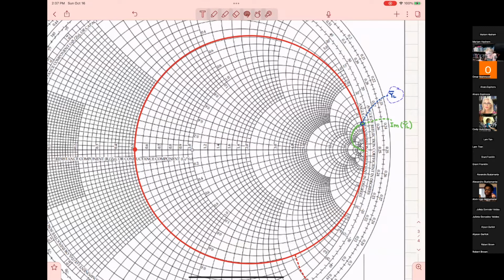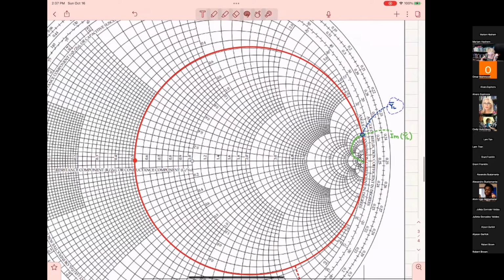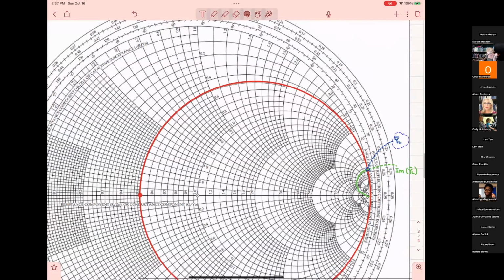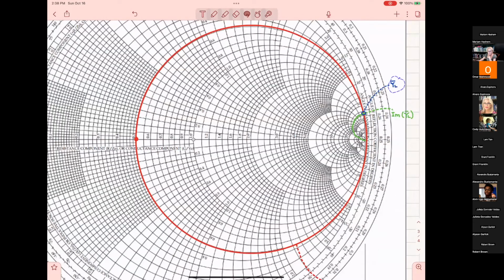And when the reactive part of YL becomes very large, YL has such a big reactive part that it is almost purely reactive, and then all of the circles will be crammed together. So now I want to move more into the center of the Smith chart. That's the easiest thing for you.